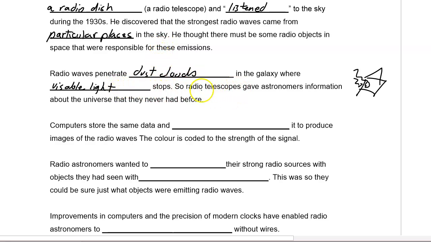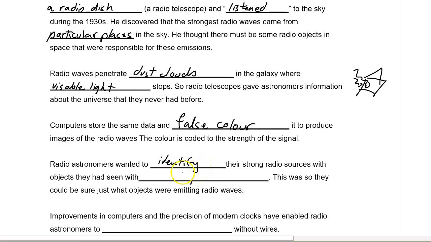Now, computers store the data, and they will false color these in order to generate images. And radio astronomers want to identify these things.